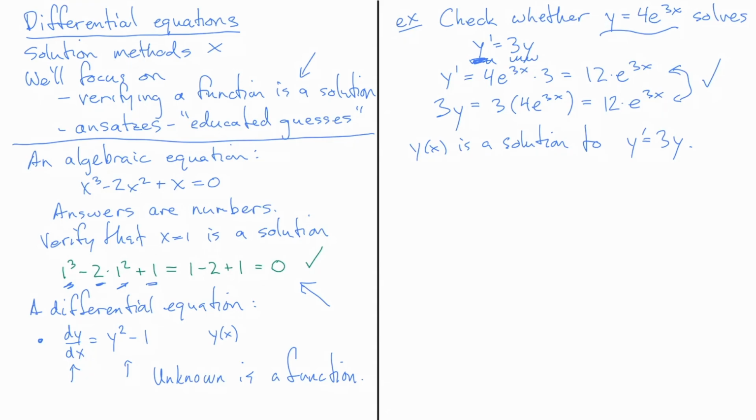Okay, so you'll notice in this whole process here that the 4 just got carried along for the ride. It got multiplied by 3 in both cases, and it actually could have been anything. And so what we can hypothesize then is that c, any constant multiplied by e to the 3x, is also going to be a solution to this differential equation.